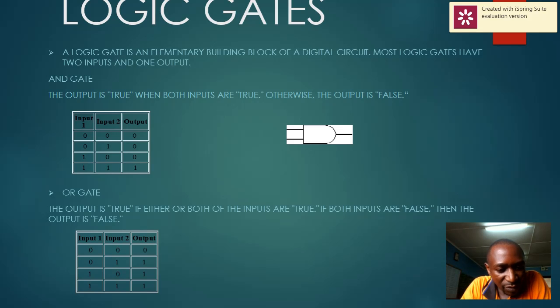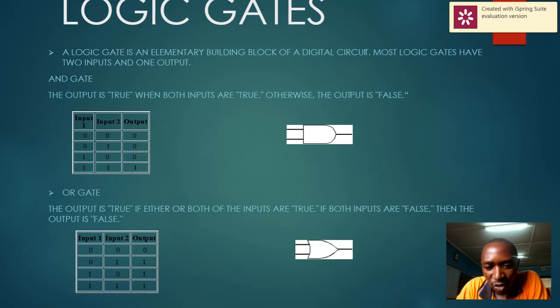Then the last row, we have input 1 and input 2 both true. Looking at the rule, if both of the inputs are true, then the output is true. So that's how the table shows. Now let's look at the symbol for an OR gate. That is the symbol of an OR gate, and if you check closely, the shape of the OR is somewhat symmetrical, but is different from the AND gate.